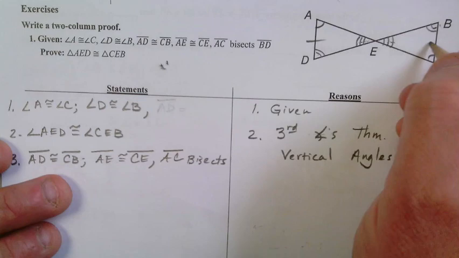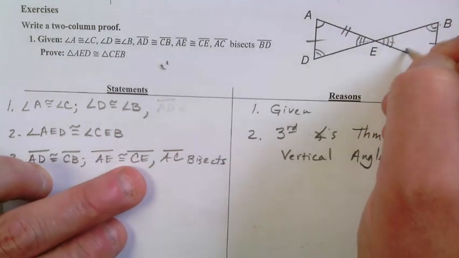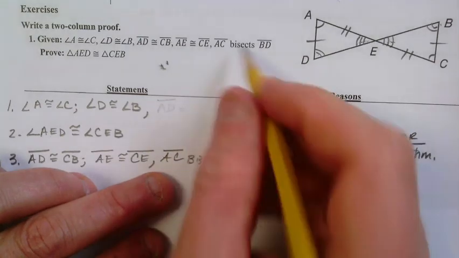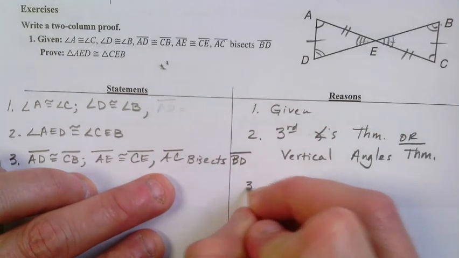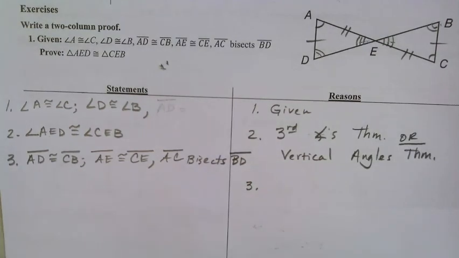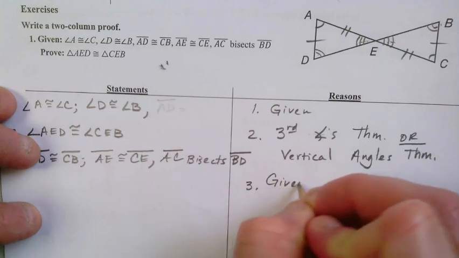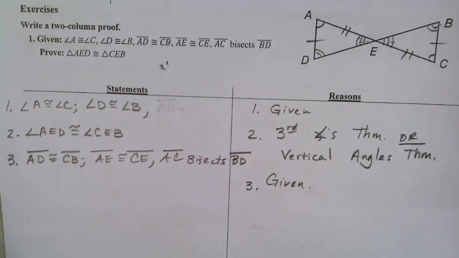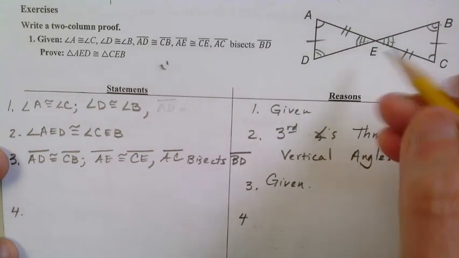AD is congruent to BC. AE is congruent to EC. And then we know that AC bisects BD. Okay? So this third step, again, is the given. Okay? Still a given.